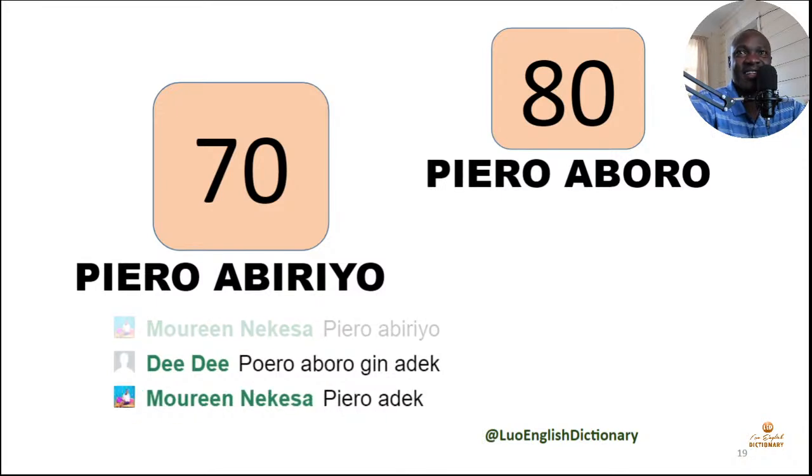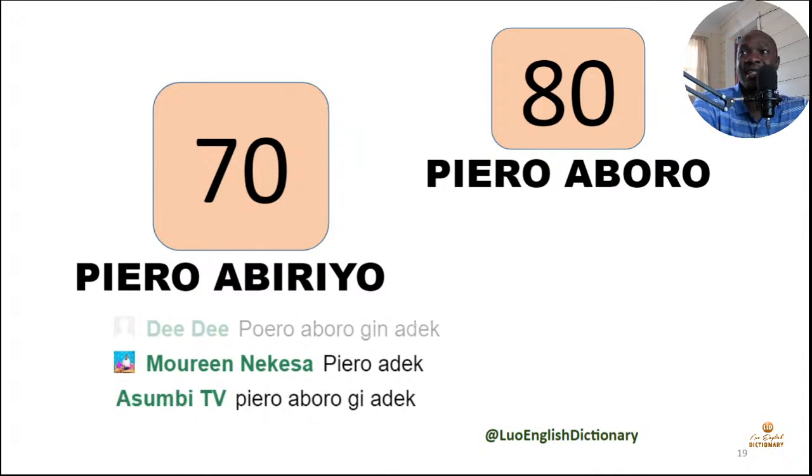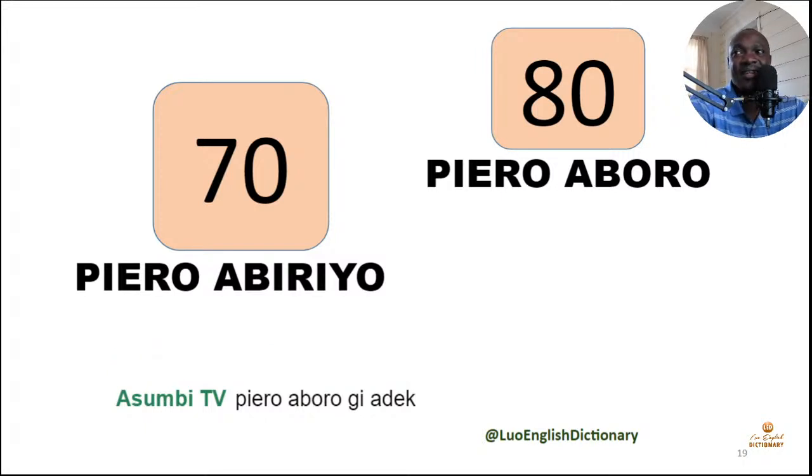That's correct. Didi, your spelling. Piero aborro gi adek. Maureen says Piero adek. Piero adek actually is 30. So Piero aborro gi adek. That is correct. 83.